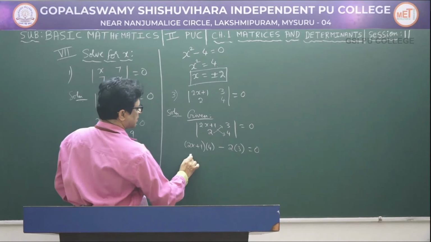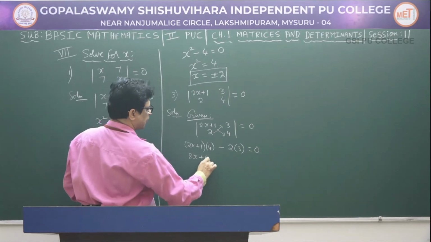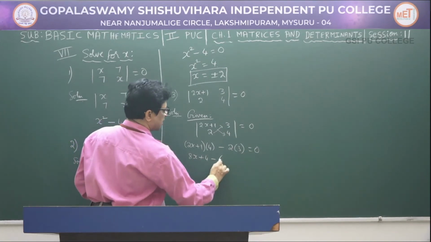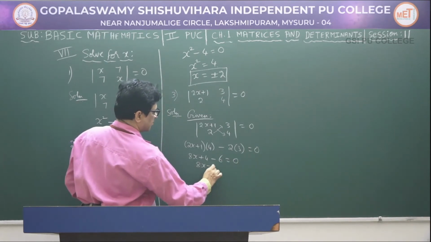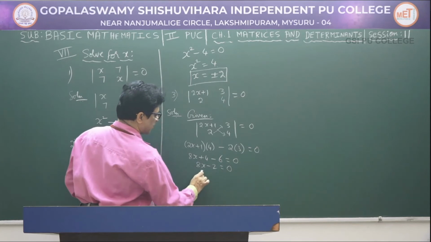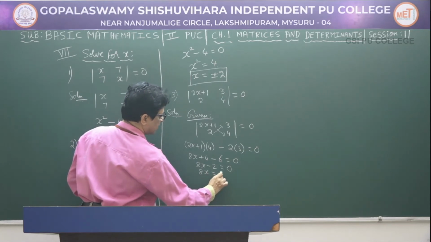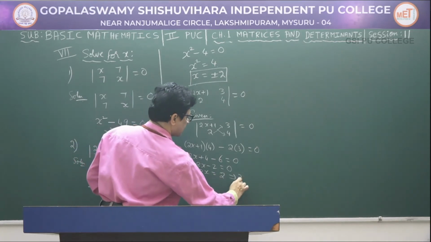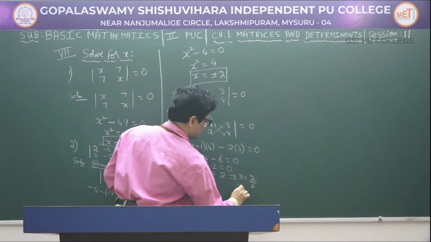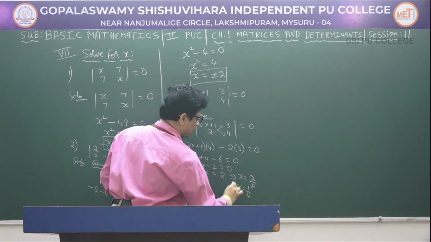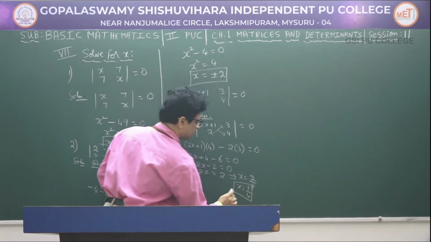So 8x plus 4 minus 6 is equal to 0. So 8x minus 2 is equal to 0. So 8x will be equal to 2, which implies x equals 2 by 8, that is x equals 1 by 4.